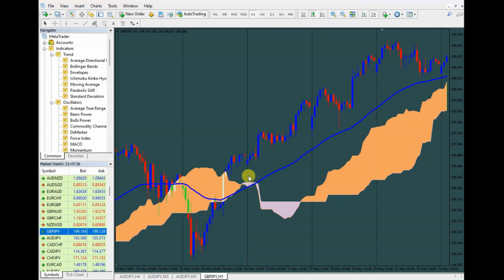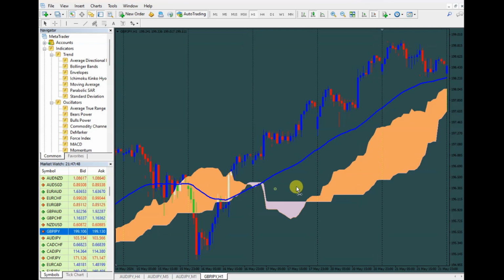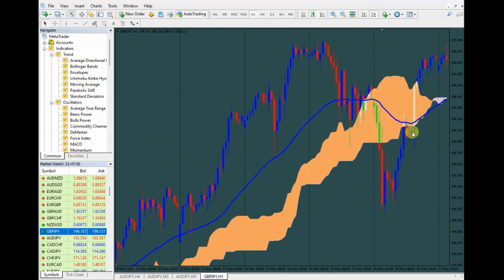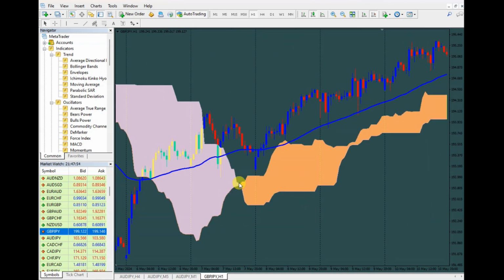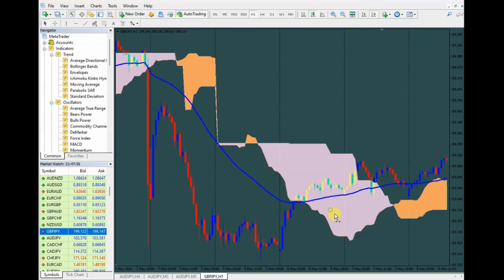What we are looking at is to have a defined trend. What do I mean by defined trend? A defined trend is when you know, looking at the market completely, that you will be able to understand that this is an uptrend based on the indicator which we are using.